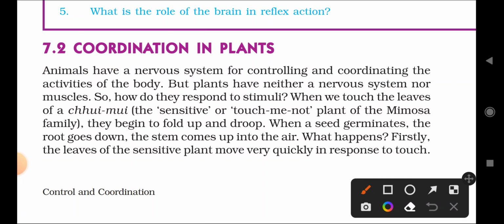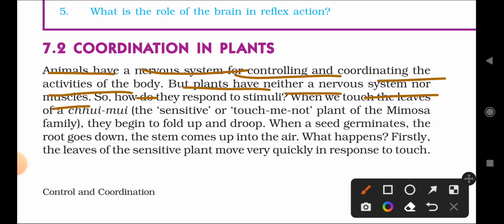Animals have a nervous system for controlling and coordinating the activities of the body. Our nervous system controls all activities of the body, from the smallest to the biggest. All the actions are controlled by our nervous system only. But plants have neither a nervous system nor muscles. Animals have the nervous system as well as the muscles to do the final job.